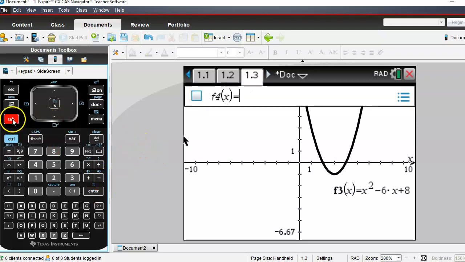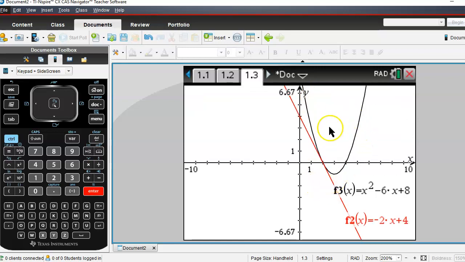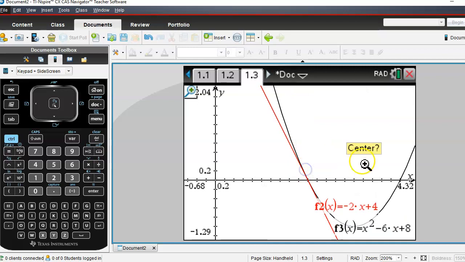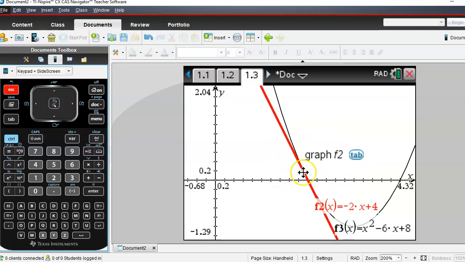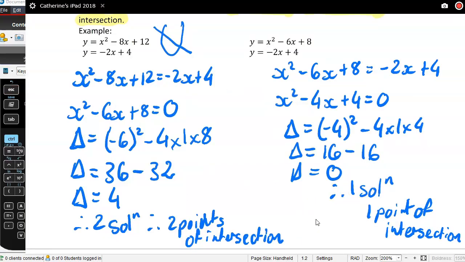Okay, and then handily we're using the same graph, and you can see here, I'll zoom in, that it just touches it. That's that one point of intersection. All right, one point of intersection. You'll learn a bit more about those types of intersections, probably in methods. Okay, so that is the discriminant.